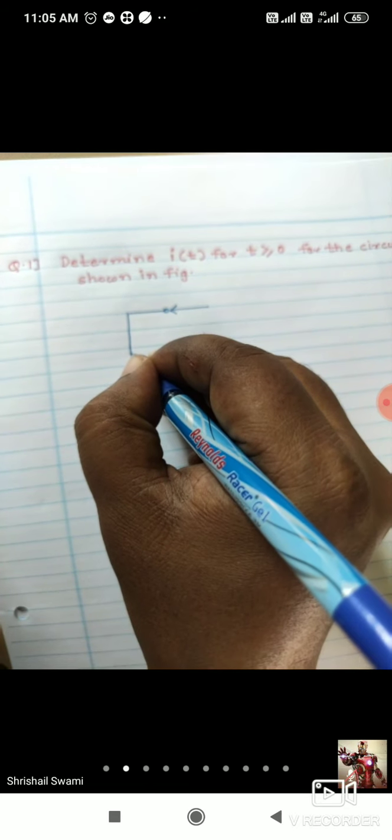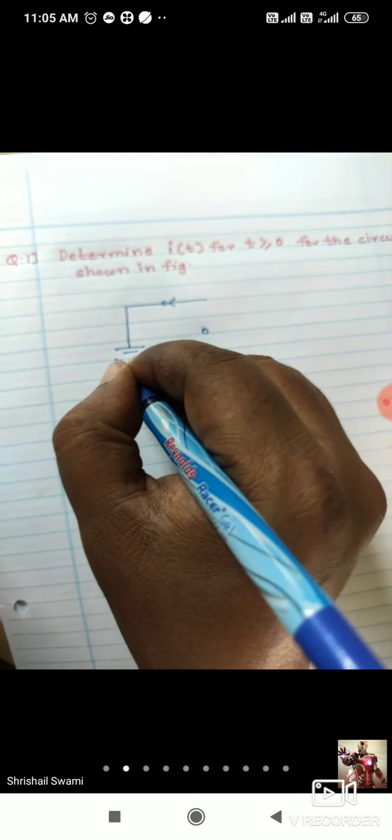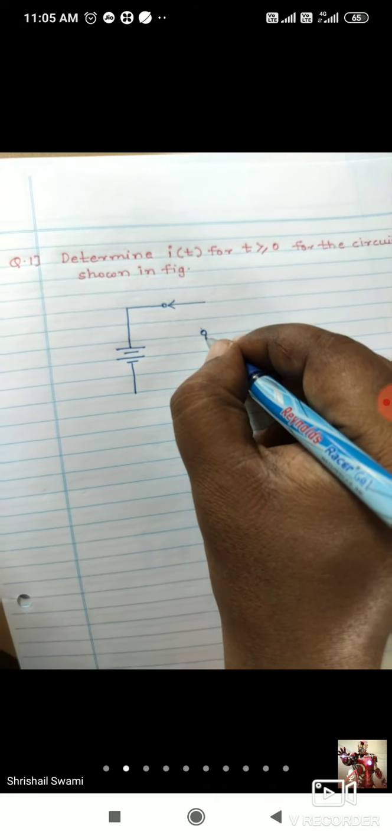So carefully note down the circuit. So this problem was asked in a university question paper for 4 marks. So how to solve this problem, you can think now.